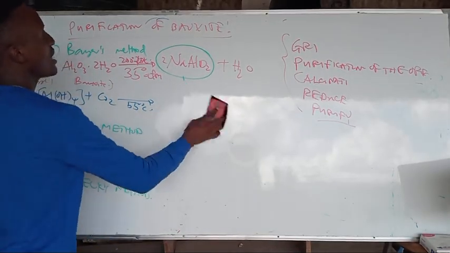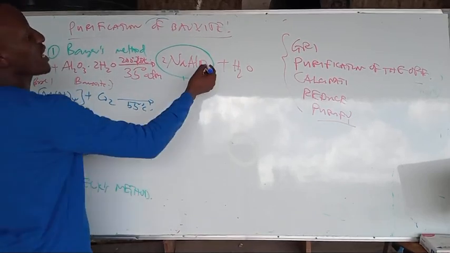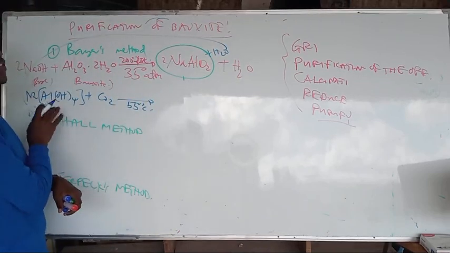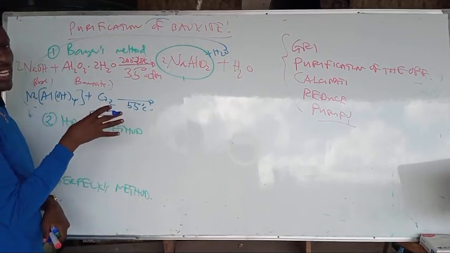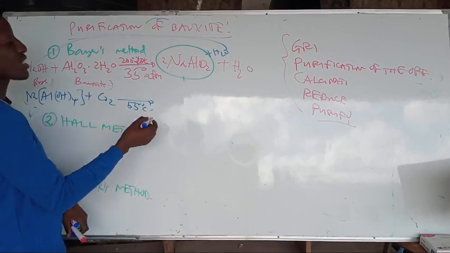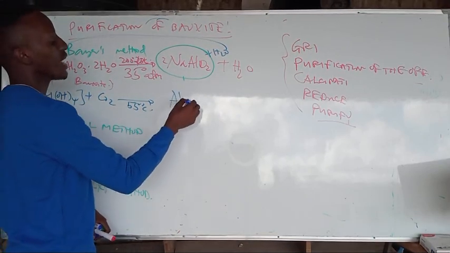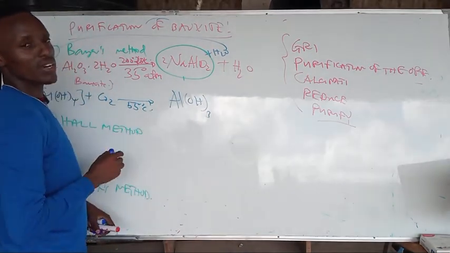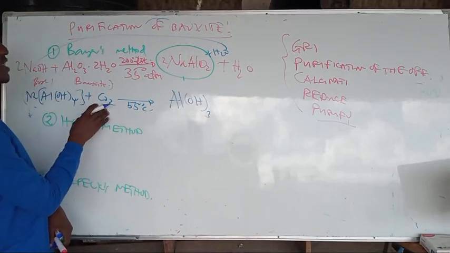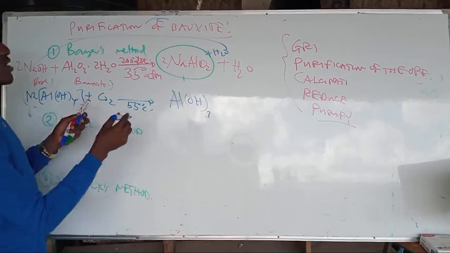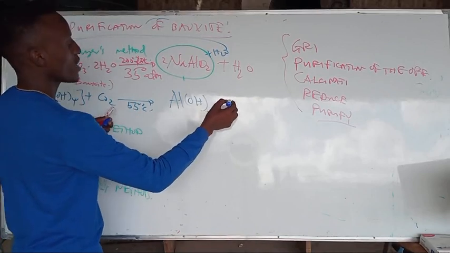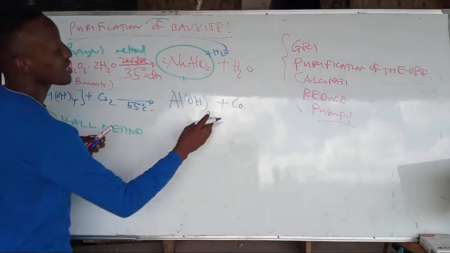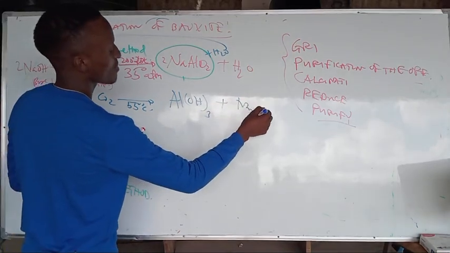The aluminate added with the carbon dioxide forms aluminium hydroxide. Very important, this is the major product, and sodium carbonate. We can have the carbon dioxide, water, and sodium carbonate.